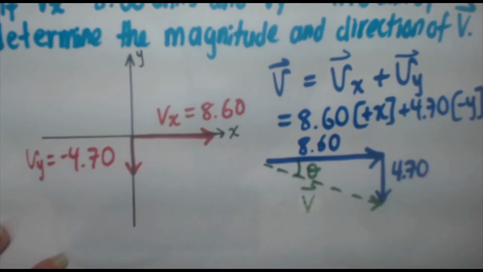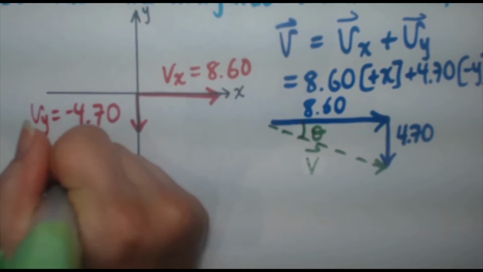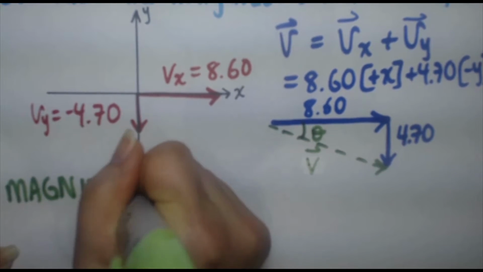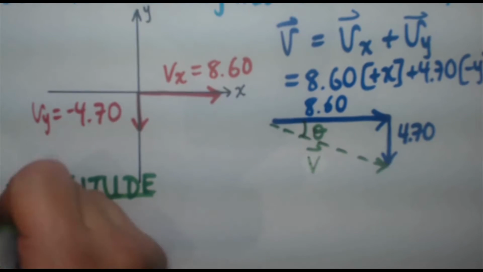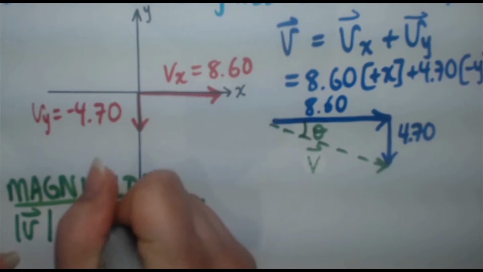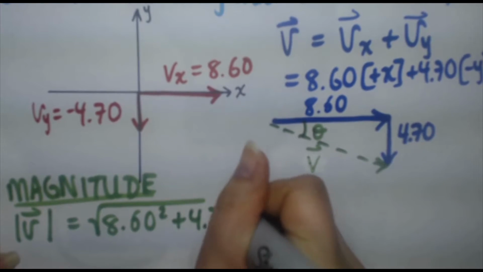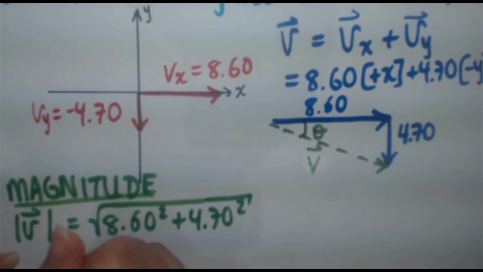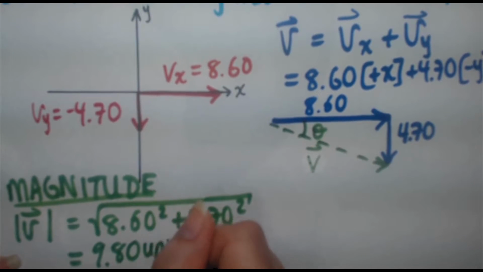Let's find the magnitude first. So the magnitude of V, again, you're using Pythagorean theorem. So V, absolute value of V, is going to be equal to the square root of 8.60 squared plus 4.70 squared. When you solve that out, you're going to get 9.80 units.